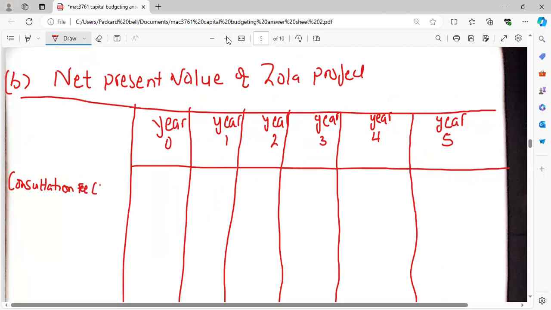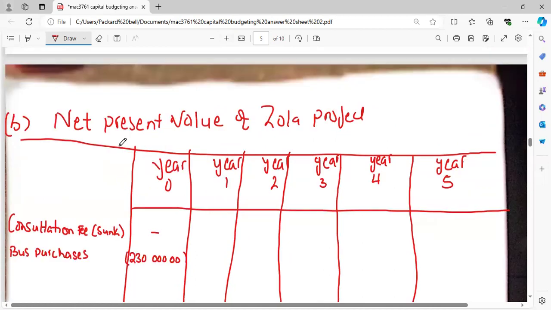So this one is a sunk cost. Then we have bus purchase. Right, this one is 230 million. So this one is not going to have any figure there.